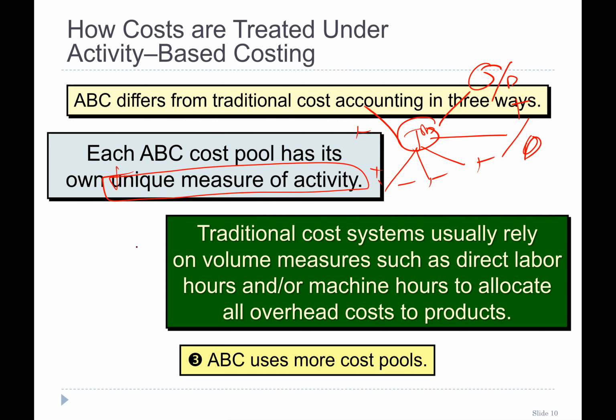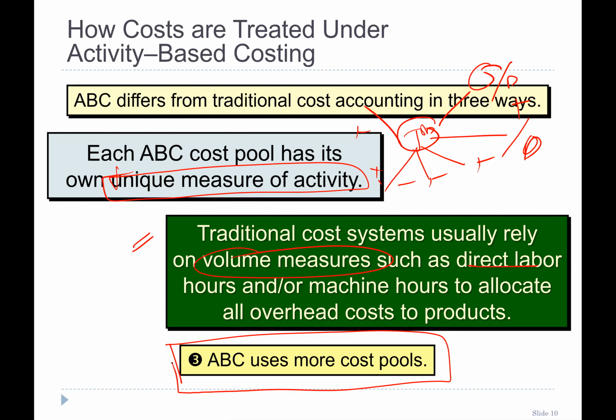In the traditional way, the cost system usually relies on volume measures, right? Cost divided by number of units, cost divided by direct labor hours or machine hours. ABC uses different and more cost pools, and does not rely on just one measure like direct labor hours or machine hours.